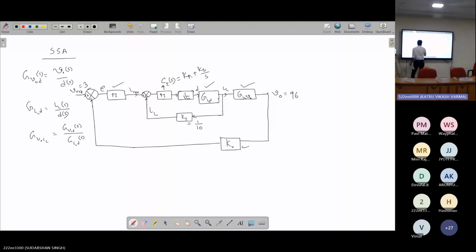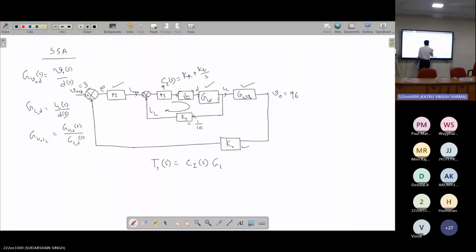The inner loop gain is the multiplication of all the blocks. So it is nothing but your CI(S). The PWM block has a gain of 1, so no point.